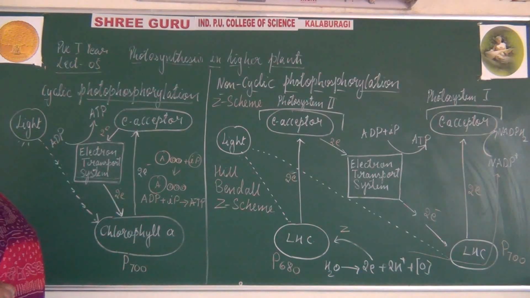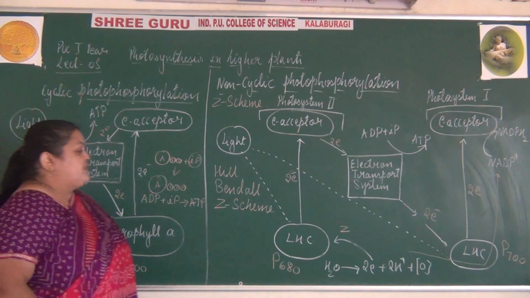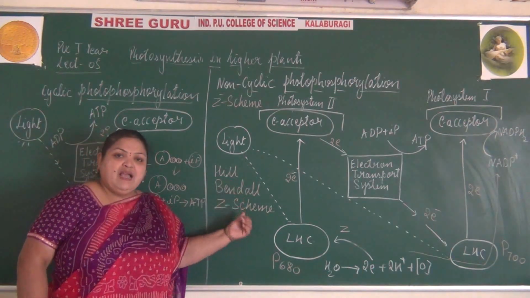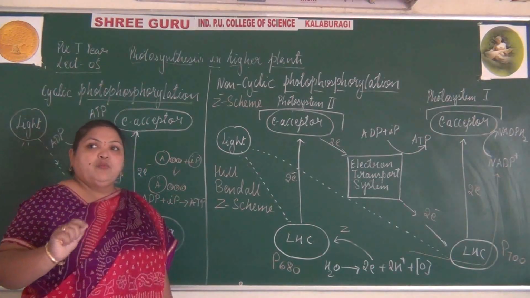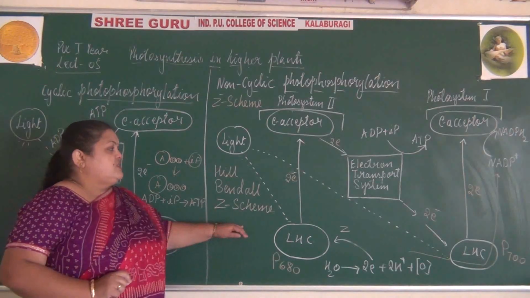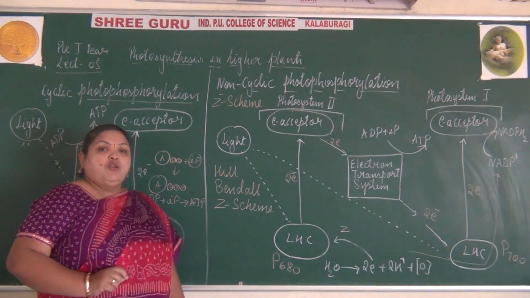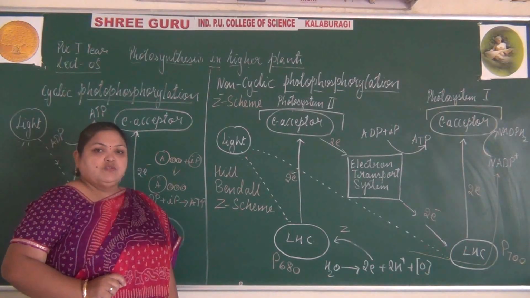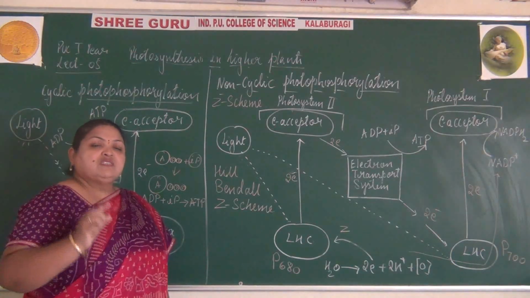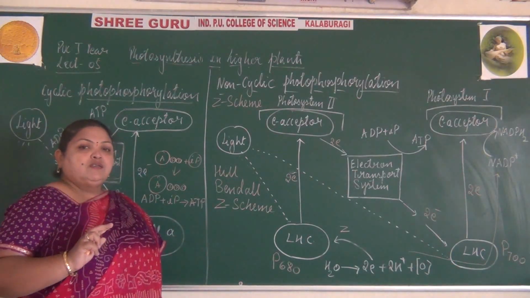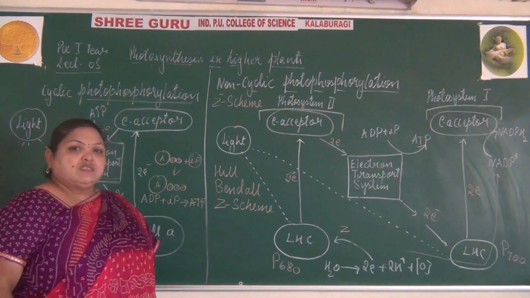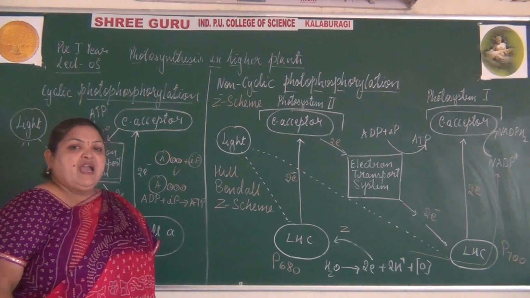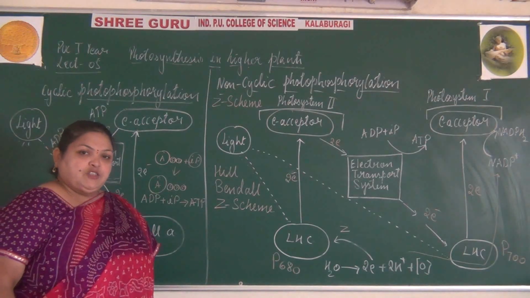So this reaction is called cyclic photophosphorylation, as studied by Robert Hill and Bendall. When there is unidirectional movement of the electrons, the process is known as non-cyclic photophosphorylation. These are the two important processes involved in the synthesis of ATP and NADPH2.